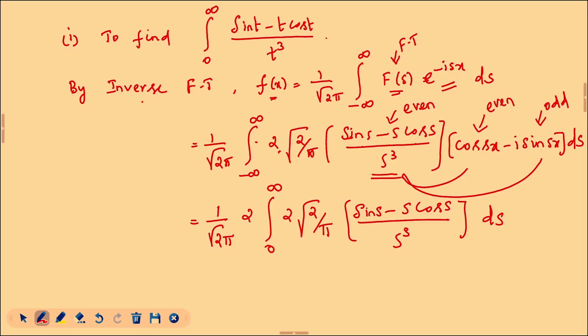Now let us multiply this: 2 into 2 is 4, the square root gets cancelled, square root of pi into square root of pi is pi. So 4 by pi integral 0 to infinity (sin s minus s cos s) by s cube into ds.